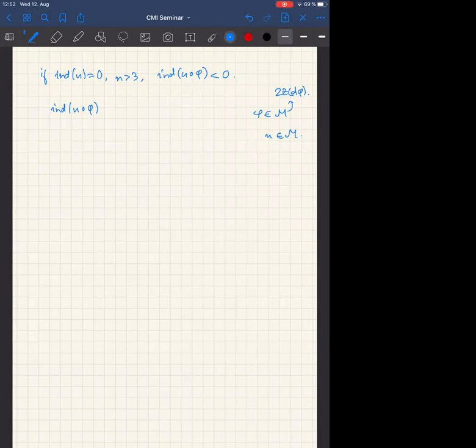So we have u and we have phi. In principle, we should have u composed with phi living in a space of dimension as big as the sum of these two dimensions. This is something reasonable to expect. This is what we should have if u composed with phi were Fredholm regular.